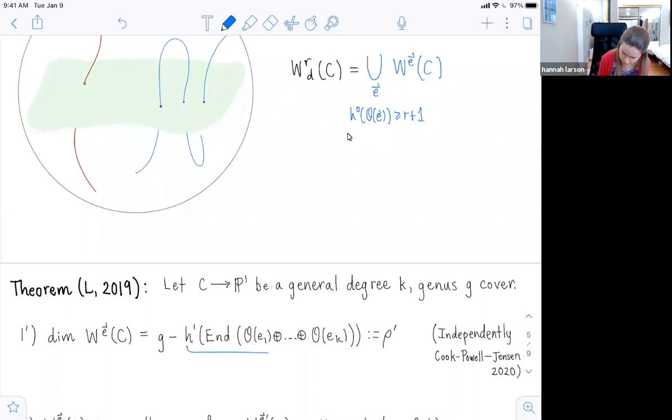This quantity here, I'll denote u(e), and concretely, that's equal to the sum over pairs i and j of the max of 0 and e_i minus e_j. This dimension statement was also proved independently using tropical techniques by Galen Cook-Powell and David Jensen.